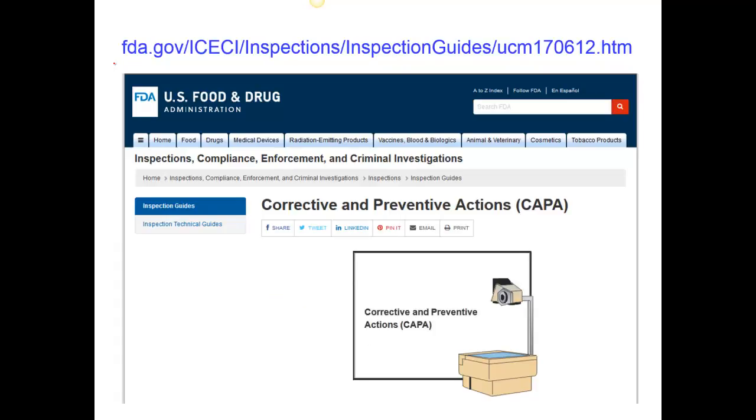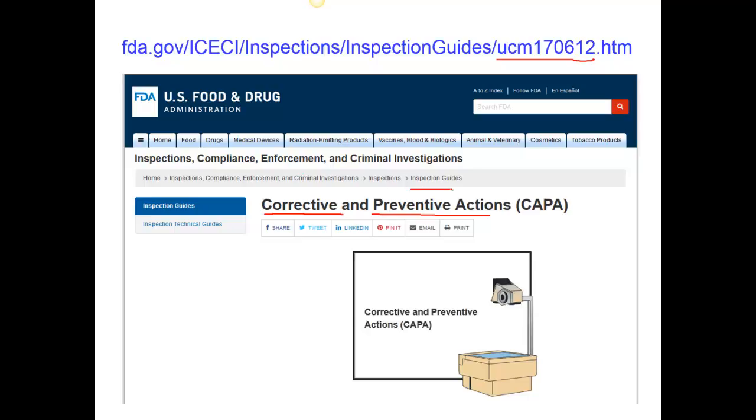One of the best resources for the CAPA and its description is this report, UCM 170612, that's available from the FDA. Basically, I'm going to say download this report and look at it. It has great flowcharts. It describes very clearly exactly what the auditors seek when they're auditing a CAPA process, the typical strides and stumbles, what trips people up.